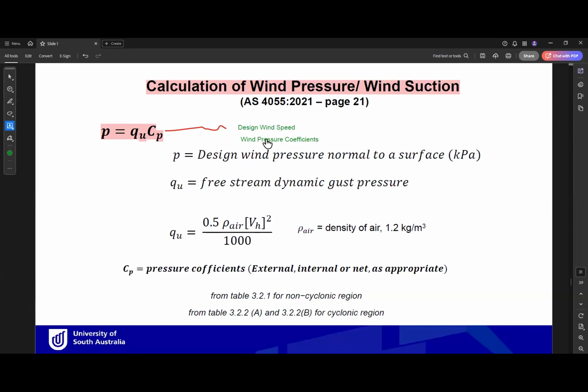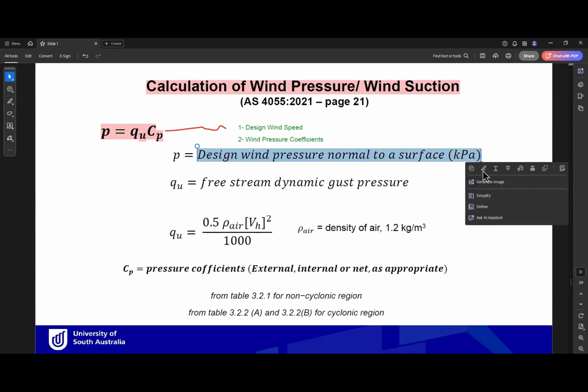If you have these two parameters, you will be able to find the pressure. So the pressure equals q_u times C_p, where p is the design wind pressure normal to the surface in kPa. This is what we want.